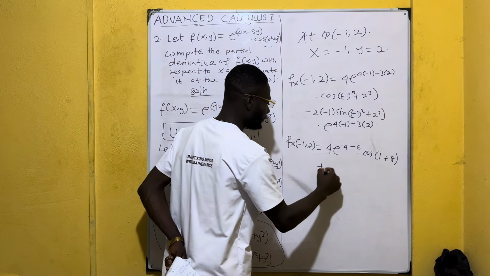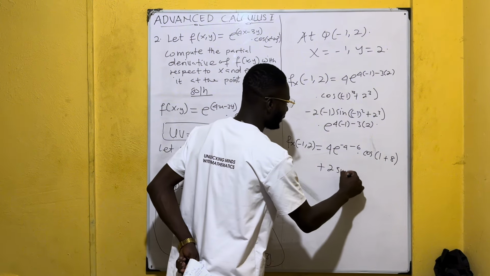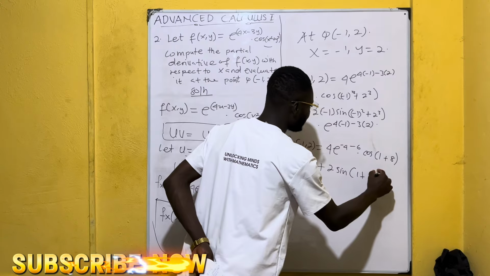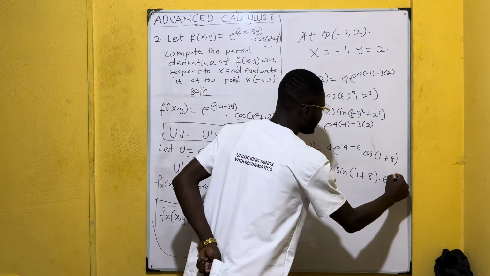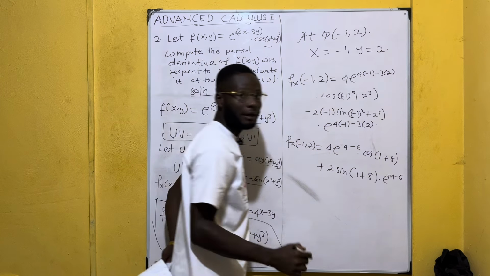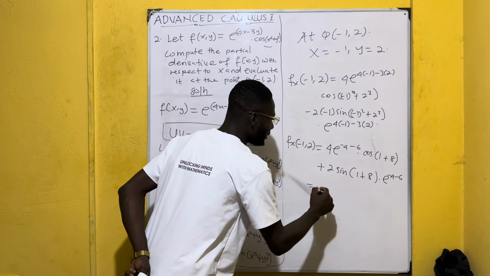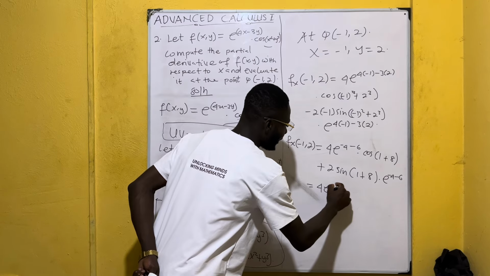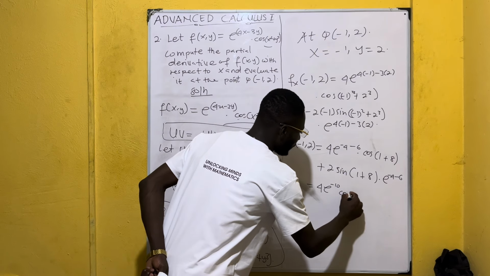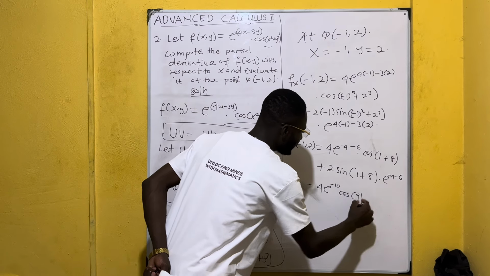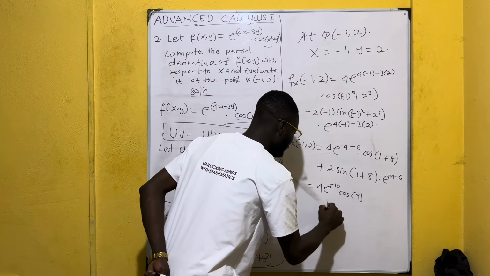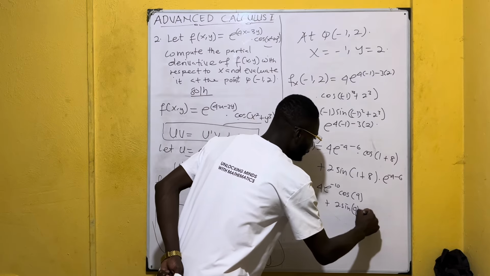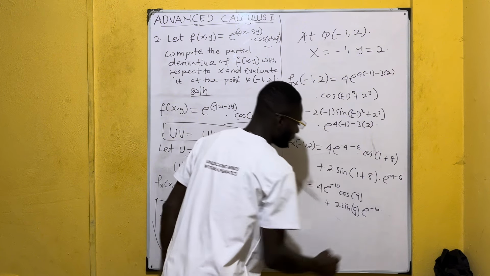This will be positive 2 sine into -1 squared is 1 plus 8 times e to the power -4 minus 6, right? So when you break this down, you have 4 e to the power minus 10 cos 9 plus 2 sine 9 e to the power minus 10.